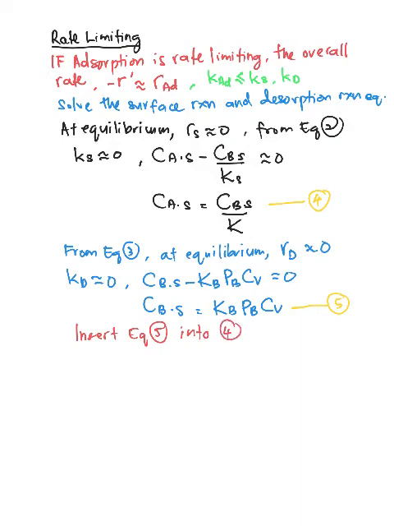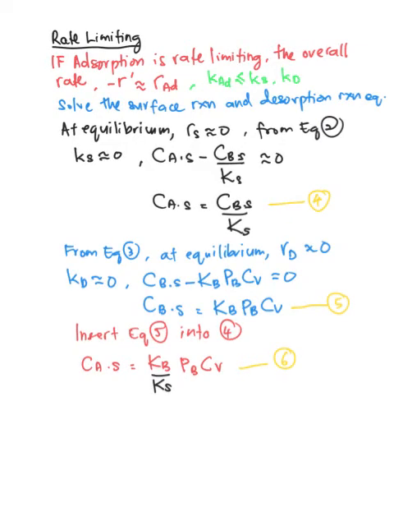So equation 4 will yield Ca·S equal to Kb, sorry, I missed the S here, Kb per Ks Pb Cv. So this is equation 6.